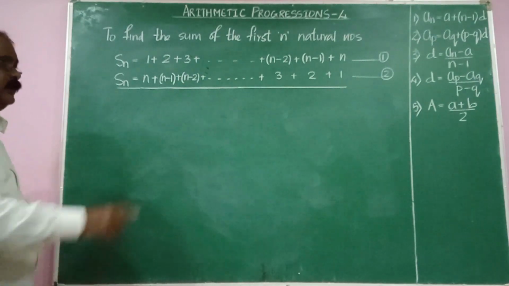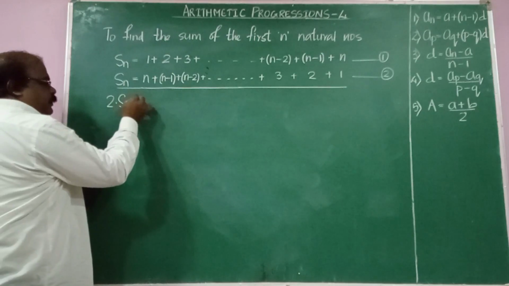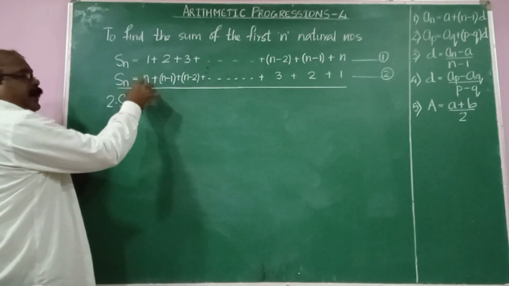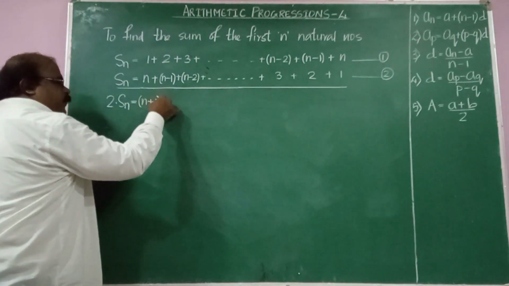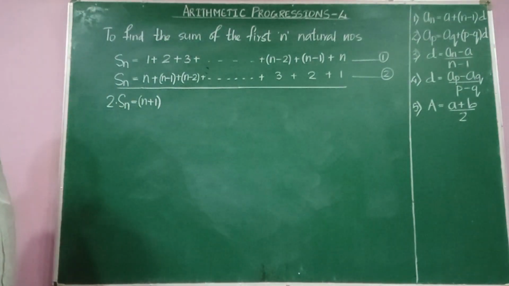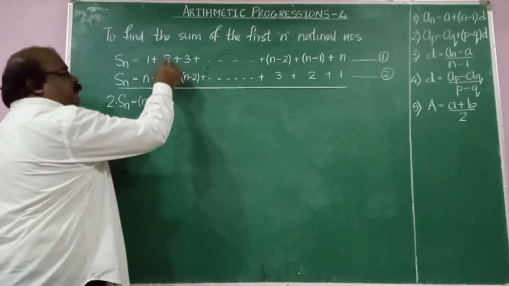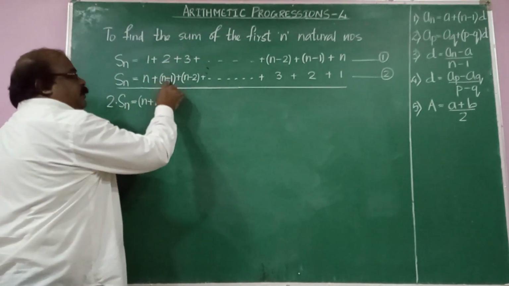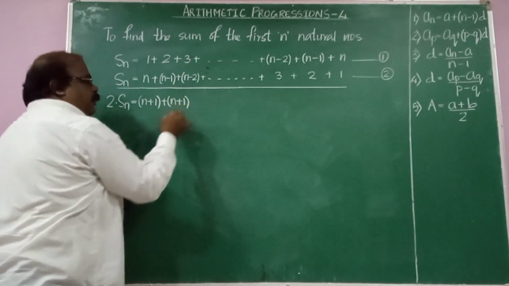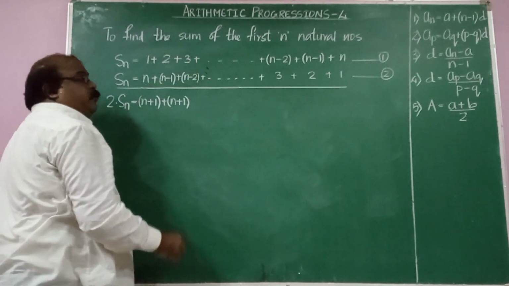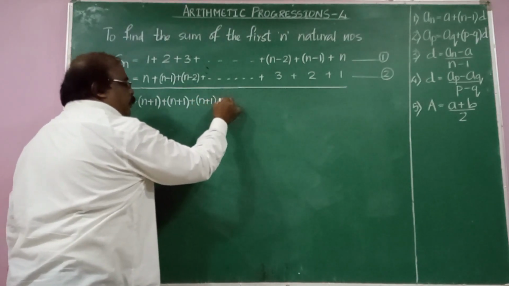Let me add the two equations. When I add 1Sn plus 1Sn, it is 2Sn. Let me add the terms: n plus 1 remains as n plus 1. What is n minus 1 and plus 2? N minus 1 when added to plus 2 again becomes n plus 1. N minus 2 when added to plus 3 again becomes n plus 1.